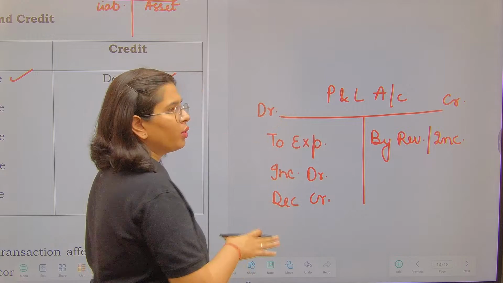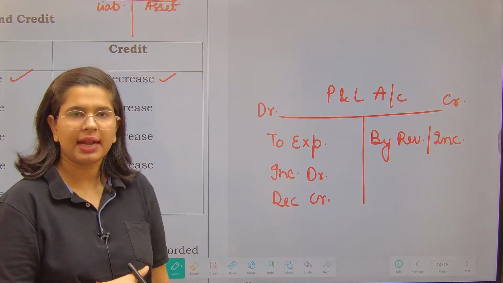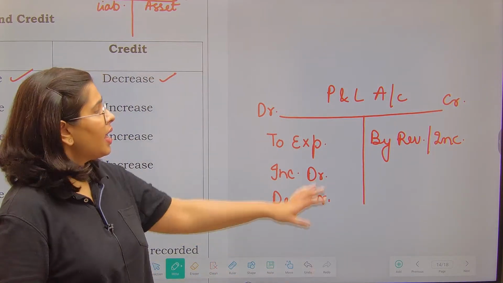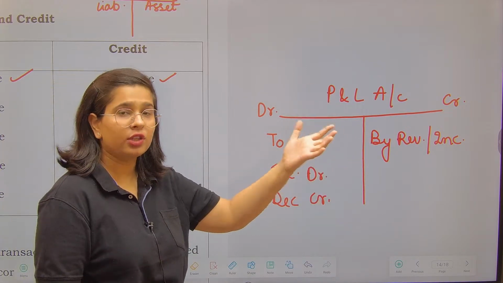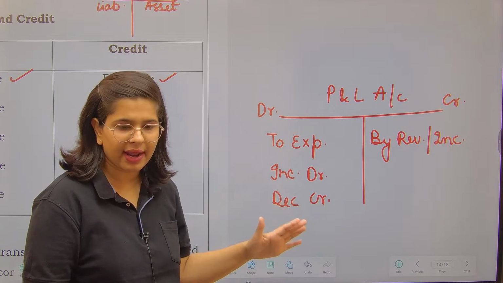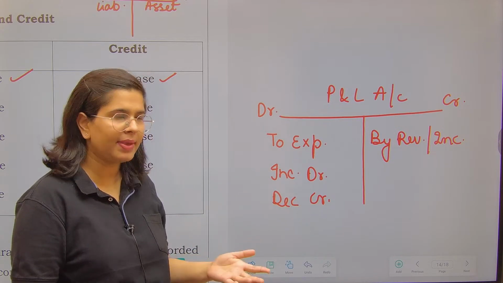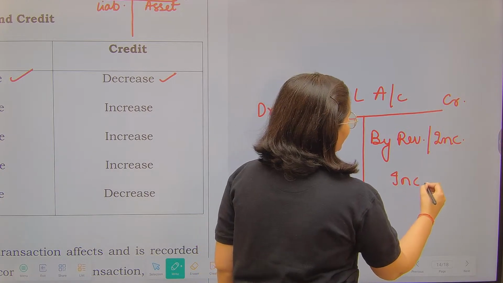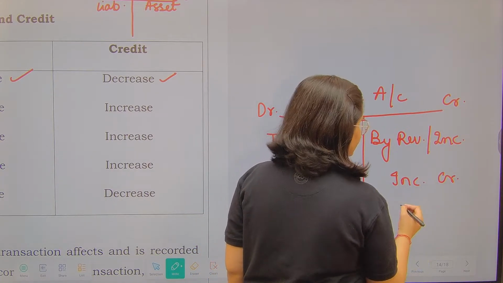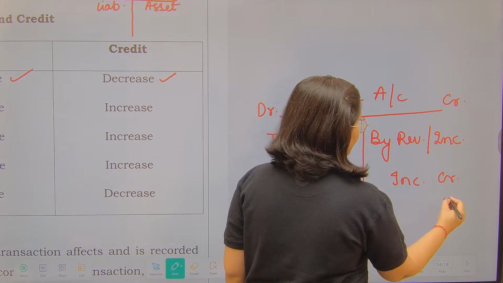Whichever side an item is on, that side suits that kind of item. Revenues and incomes, because they are written on the credit side, although it has a different logic, but right now we just have to take baby steps. That is why I am explaining to you. Income, whenever it is credited, it is increased, and whenever it is debited, it decreases.